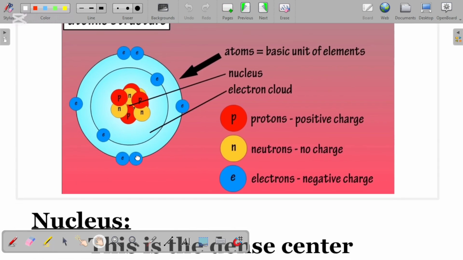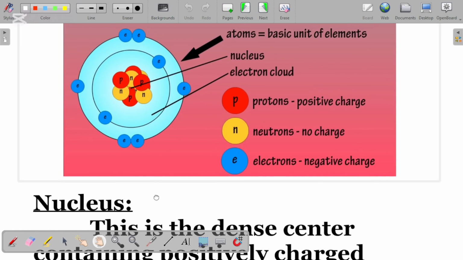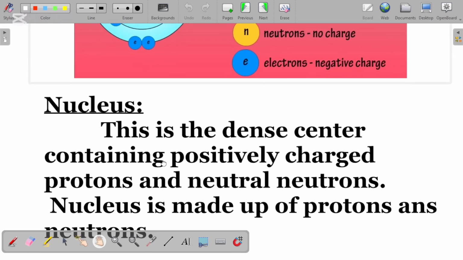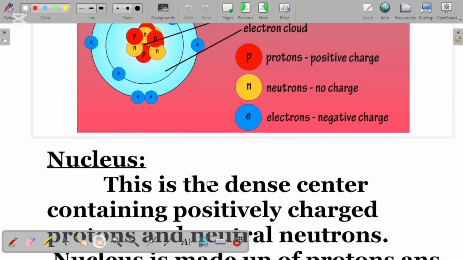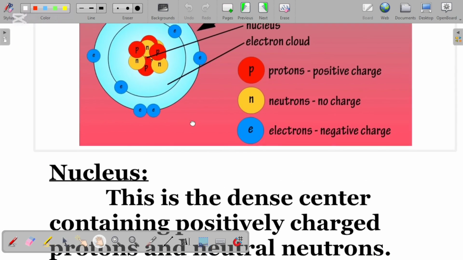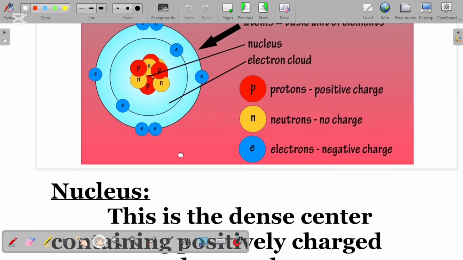Now let's look at the definition of a nucleus, and then I'll use it to explain this diagram properly. A nucleus is a dense center containing positively charged protons and neutral neutrons. You can see that a nucleus is a dense center. It contains positively charged protons.